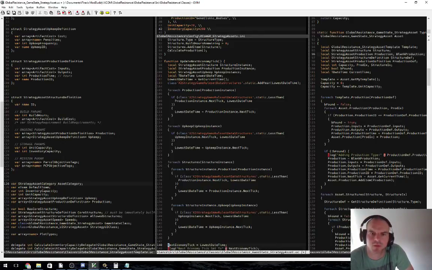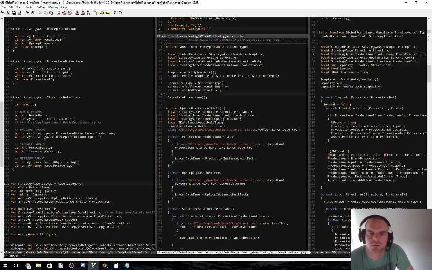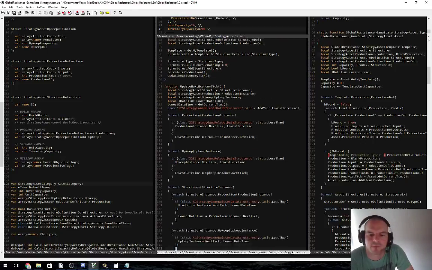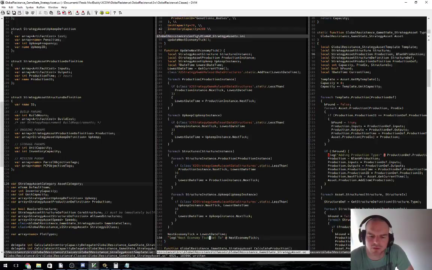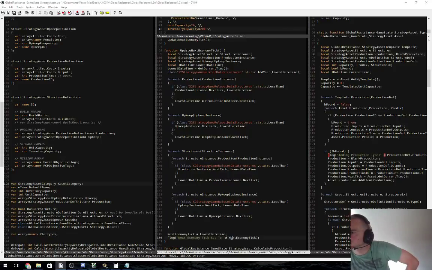We will see. So after calculate production, update next economy tick. And hopefully we get some information from it. So this is actually getting pretty close to something happening.